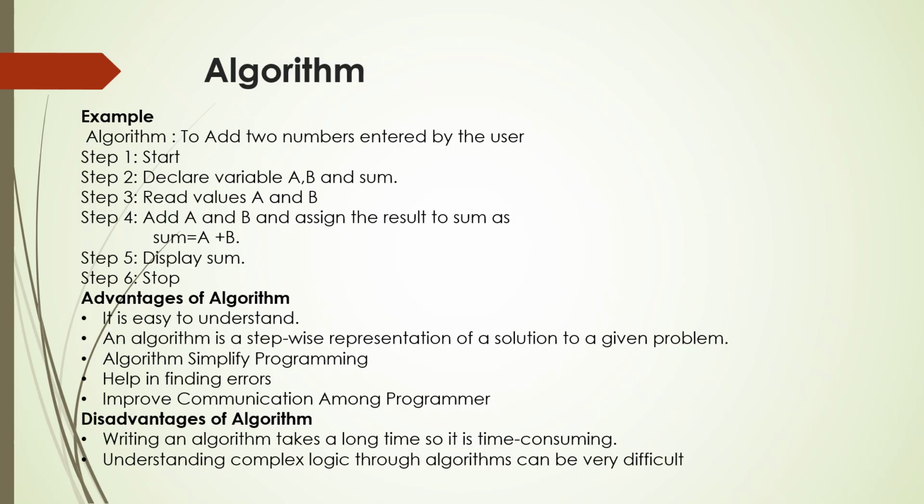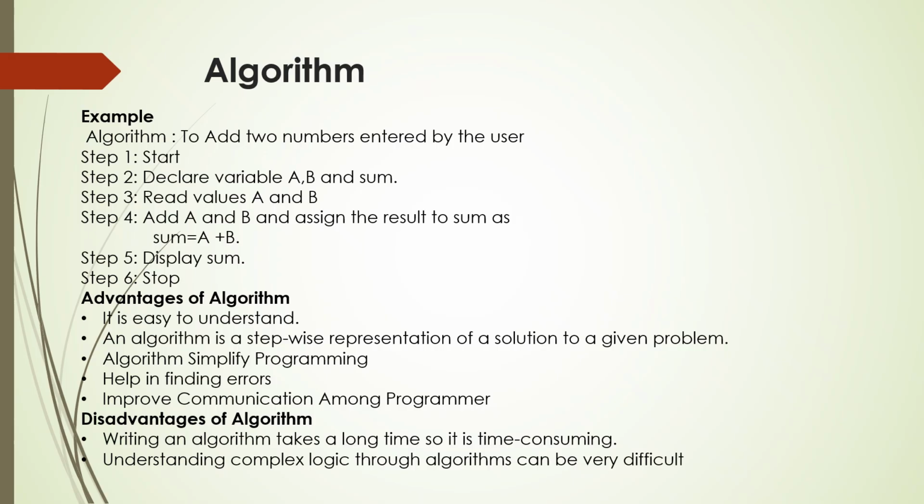What is an algorithm? An algorithm is a systematic sequence of steps used to solve a problem. In our example, we learned how to add two numbers using six simple steps: start, declare variables, read input, process the data, display the result, and stop. We also learned that algorithms are easy to understand, improve logical thinking, simplify programming, and help detect errors before coding begins.